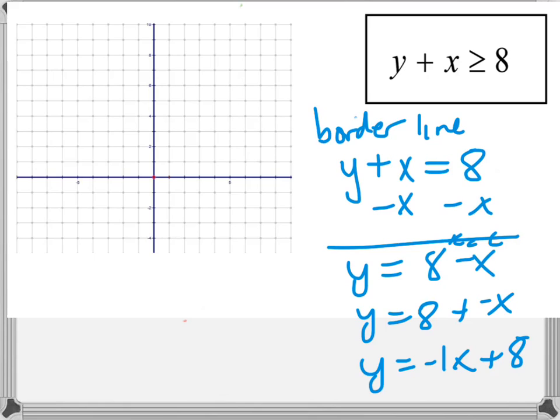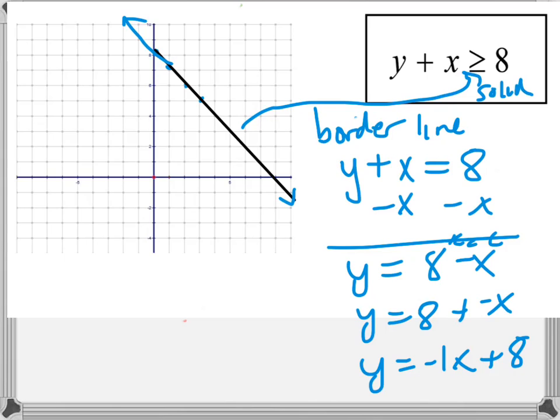So it crosses at 8 and it goes down and over. Okay, and it's solid. So that's actually correct. It's a solid line because it's allowed to be equal to. That little thing tells you that.